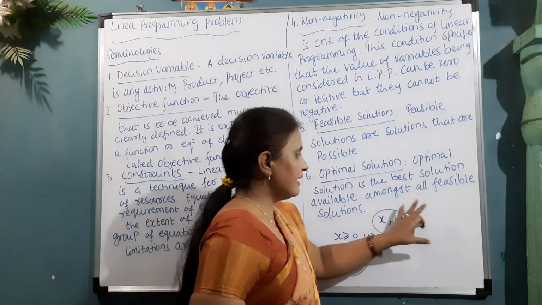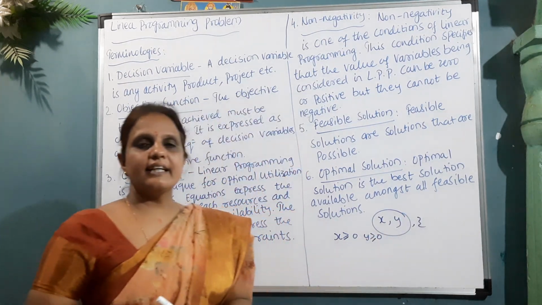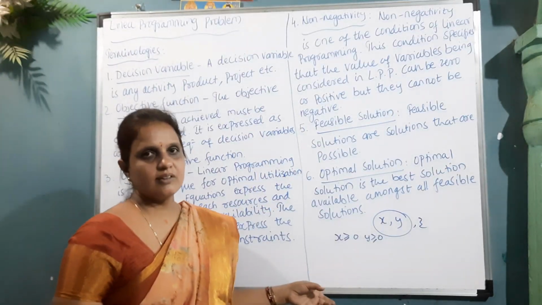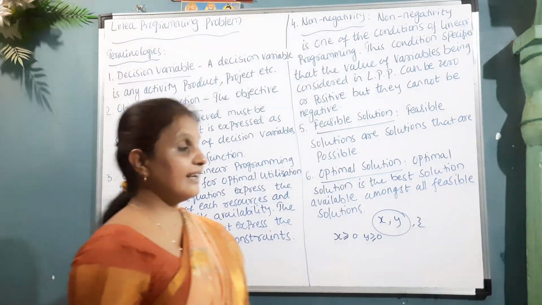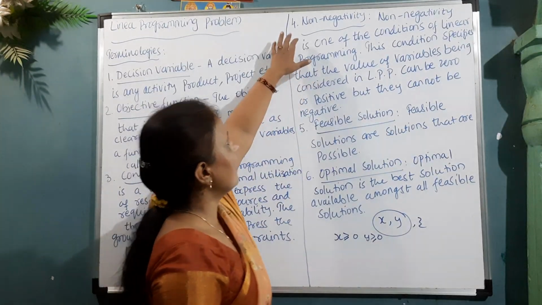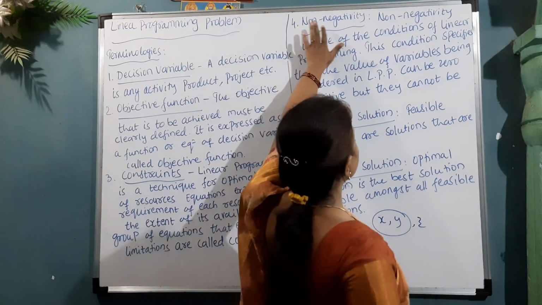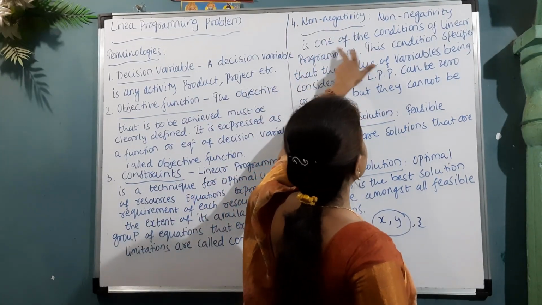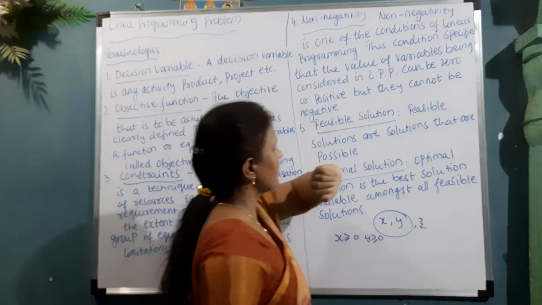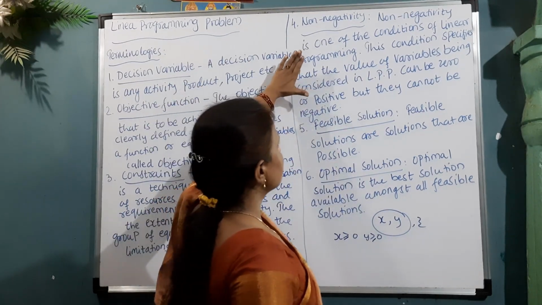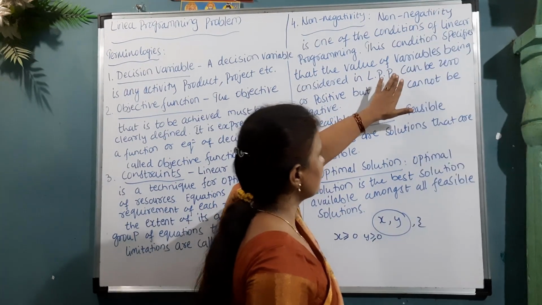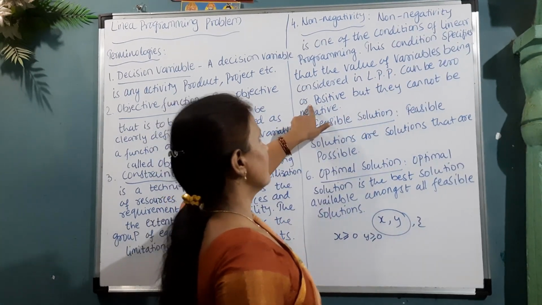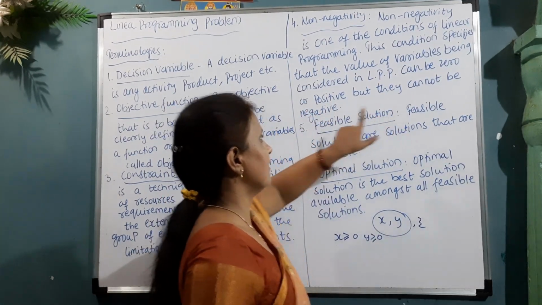When we take any variable, it indicates a quantity of a resource. The quantity may be 0 or something, but cannot be negative. That's why we always have variables as non-negative. It is one of the conditions of linear programming: every variable used can be either 0 or positive, but cannot be negative.